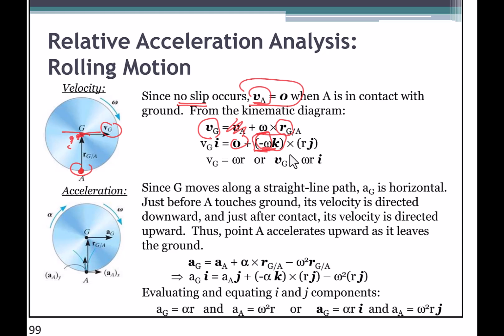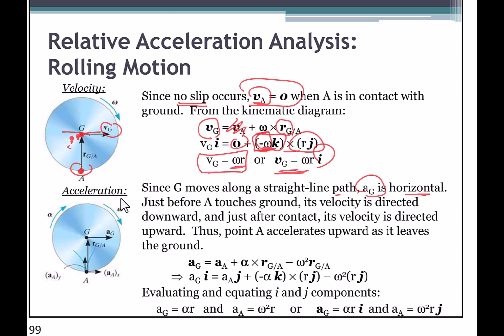This is minus omega crossed with R. So basically V_G is equal to omega R, or in terms of vector quantity, V_G is omega R i. Since G moves along a straight line, AG is horizontal.